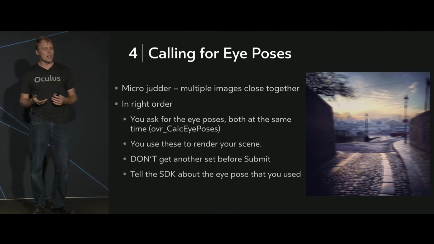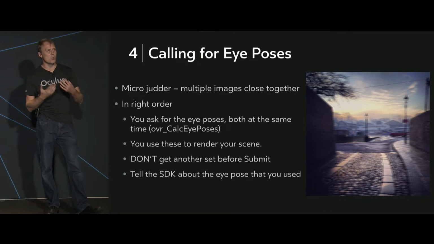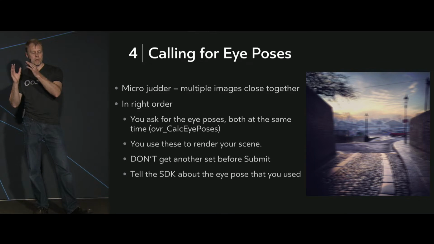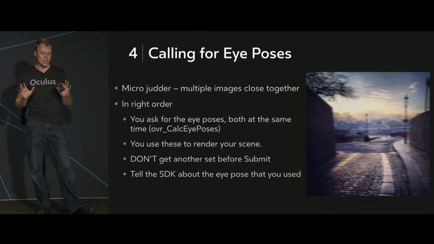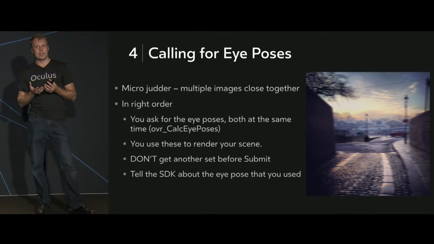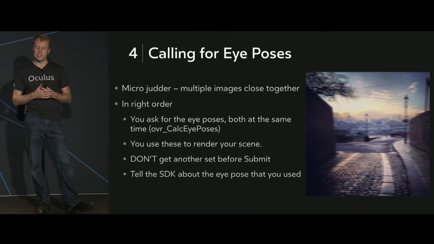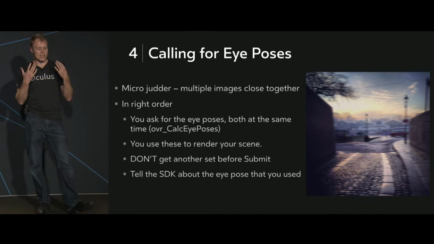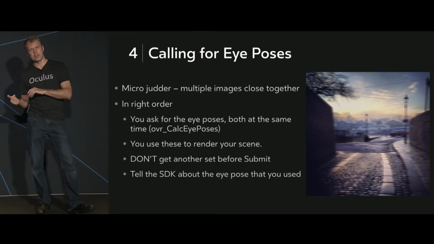The cause of this is when developers call for the eye poses, then render their two eye buffers, it can be tempting for some developers to get a fresher version of the eye poses and then submit those to the compositor in the SDK. The thing to do is not to get a fresh one. The call to calculate eye pose that got you the pose that you then rendered your eye buffers with, that's the one you need to pass in and submit into the SDK.